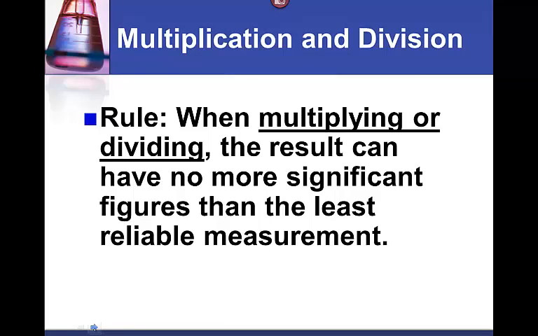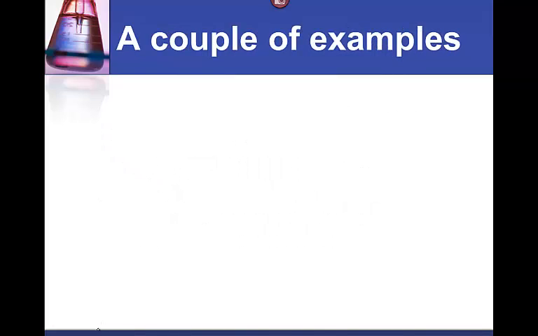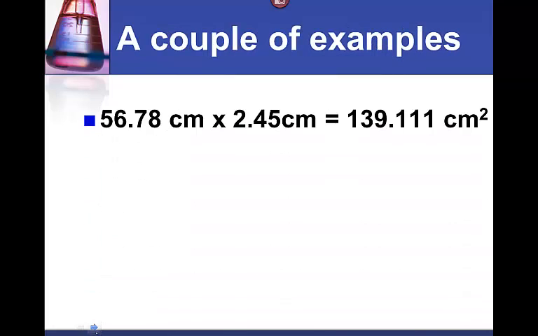Multiplication and division. So when multiplying or dividing, the result can have no more significant figures than the least reliable measurement. So here's a couple examples. So 56.78 times 4.53. So we have 4 sig figs and we have 3 sig figs. Okay, and so here's our raw answer.